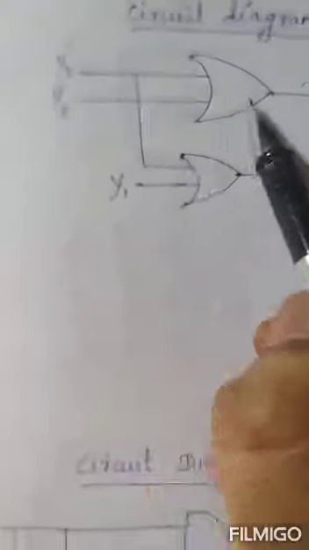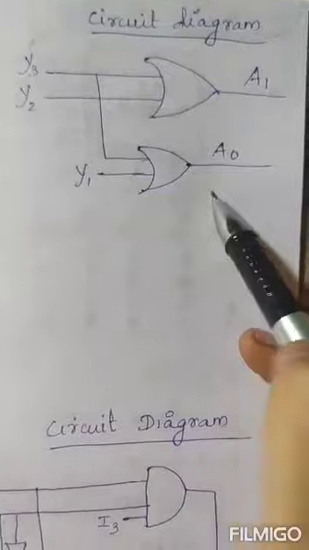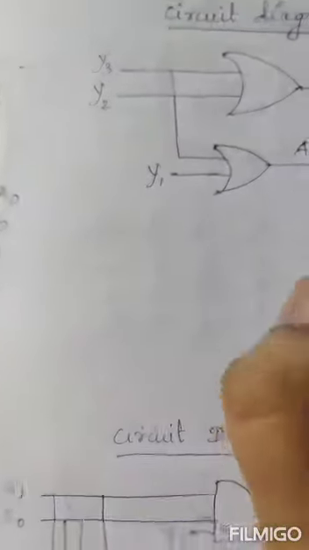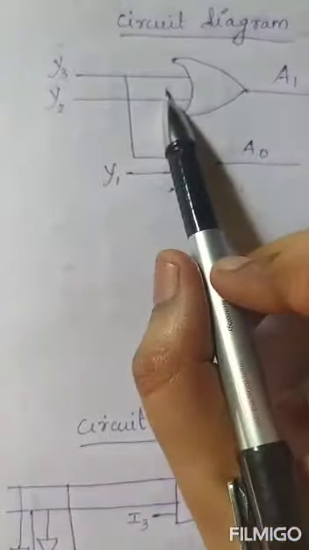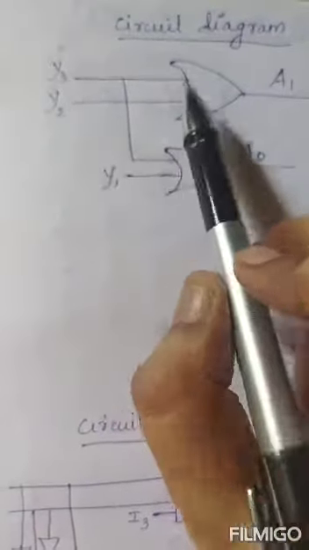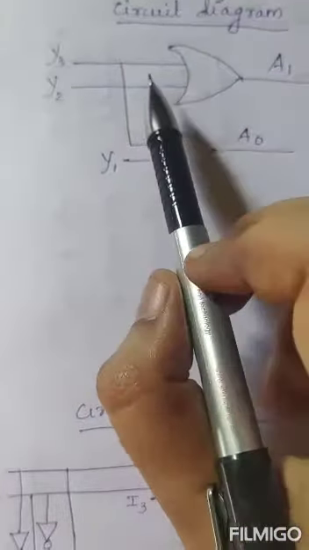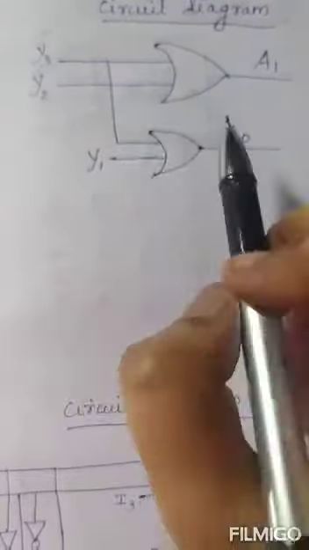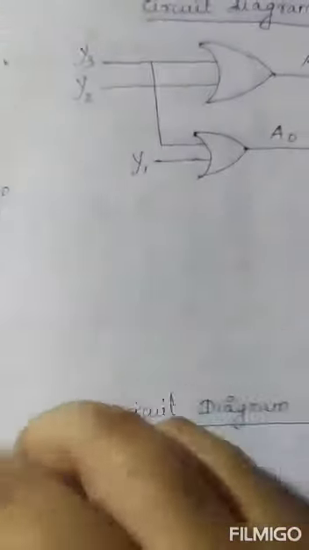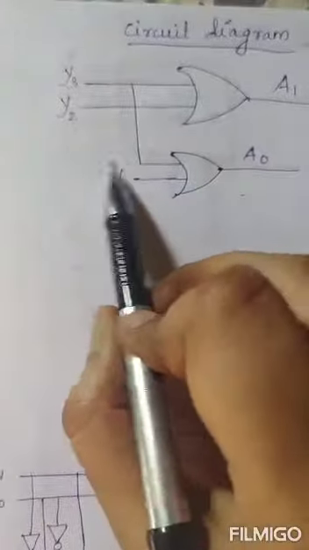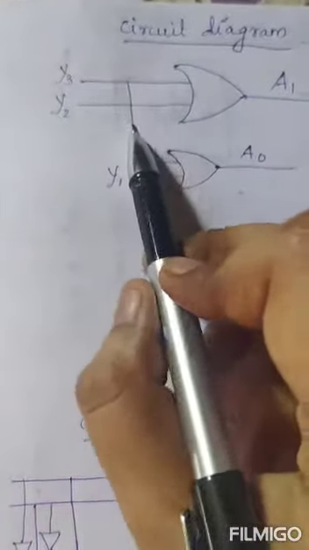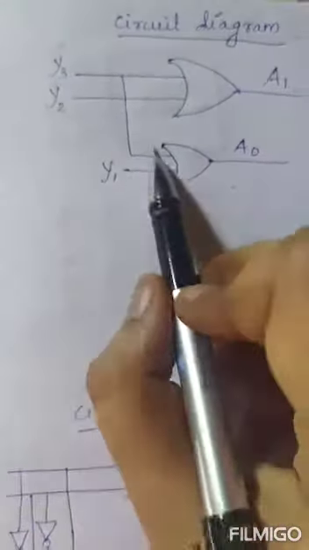So in the circuit diagram, A1 and A0 are the 2 outputs we get. For this A1 I am drawing 2 inputs, Y3 and Y2. For A0 I need Y3 dot Y1, so we don't need to draw another line, we can join with this line Y3 and Y1.